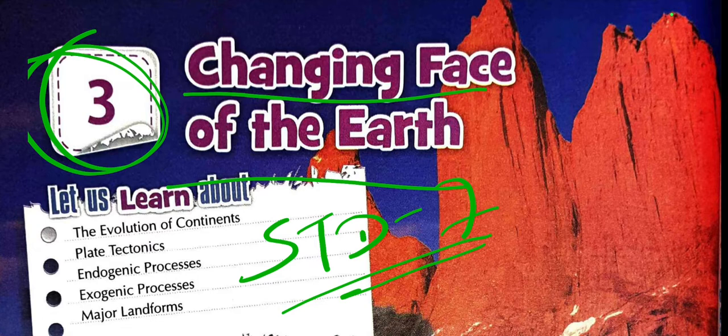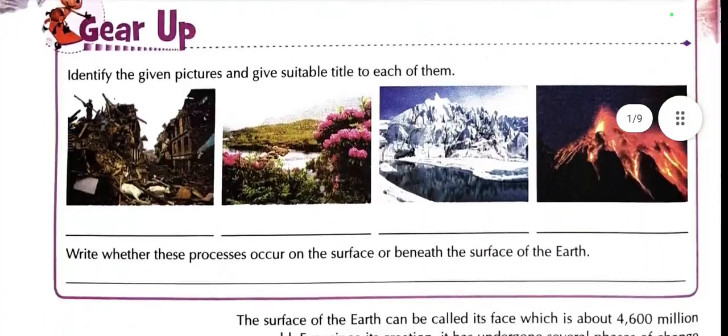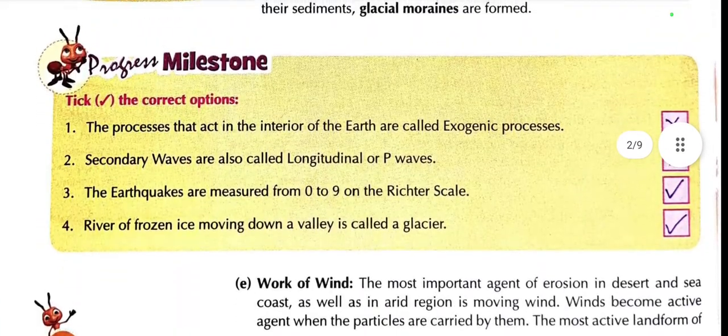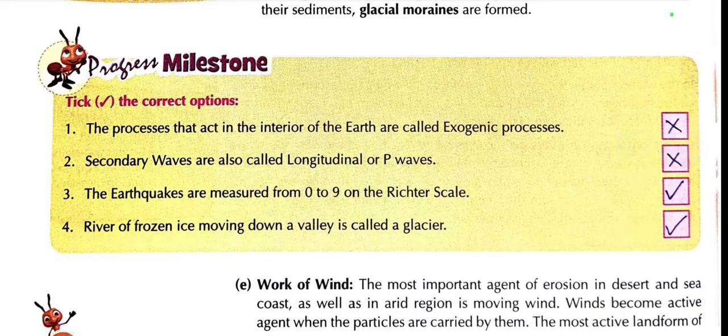Okay, let's go to the topic. One by one, we will discuss questions and answers in this video. This is your first milestone, you can check it. The processes that act in the interior of the earth are called exogenic processes. False.